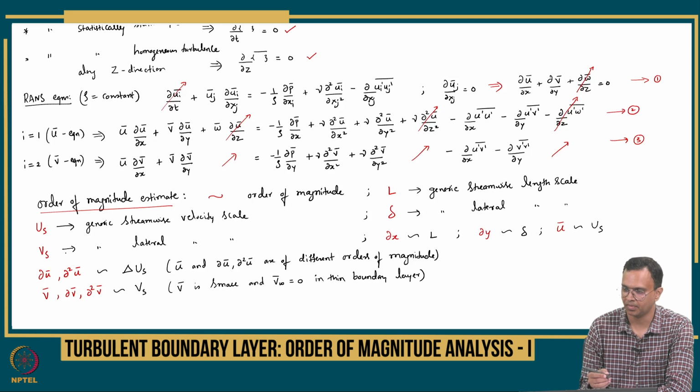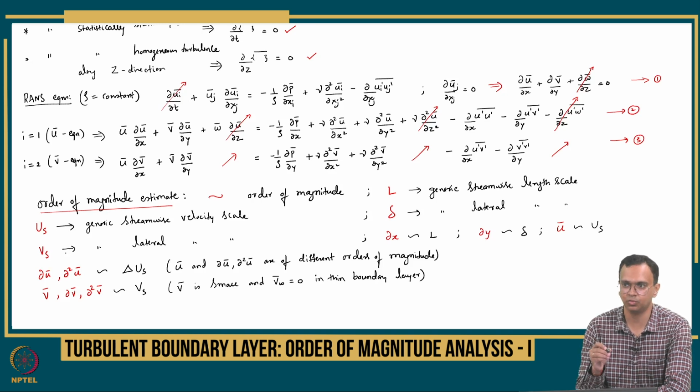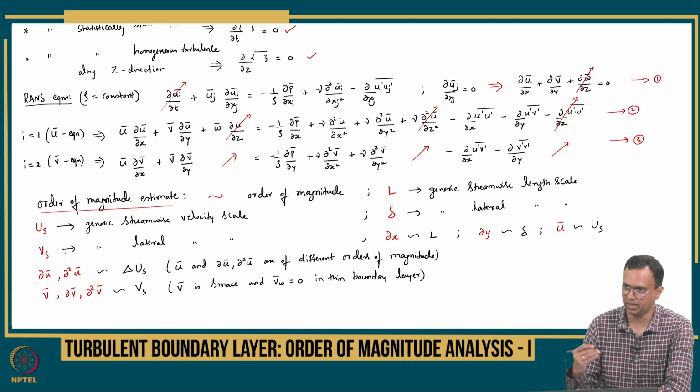If you recall the RMS data I showed you once, a graph with U, V, W RMS in a plane turbulent Couette flow, the values are different, showing anisotropy, but they are the same orders of magnitude. For example, URMS is 0.5, VRMS is 0.3 and WRMS is 0.2 or something. They were of the same order of magnitude but exhibiting anisotropy. So we are looking only at order of magnitude.